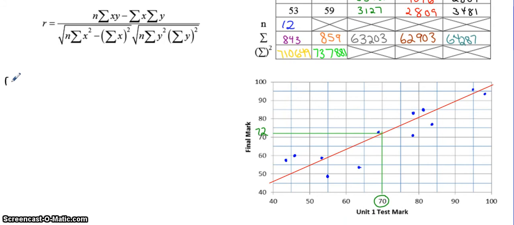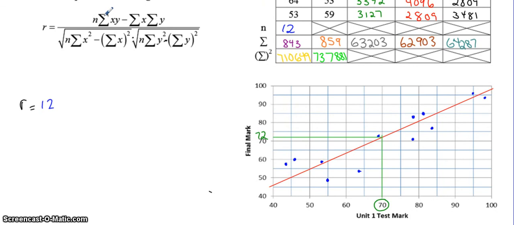So here is how we substitute into the formula. So r is equal to n, which is 12, times the sum of the x times y's. This column here was the x times y's, so the sum was 63,203, minus the sum of the x's.